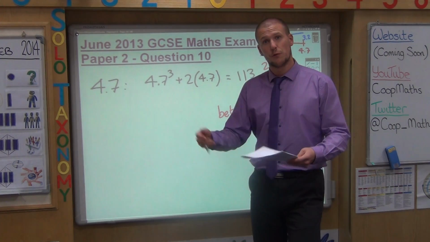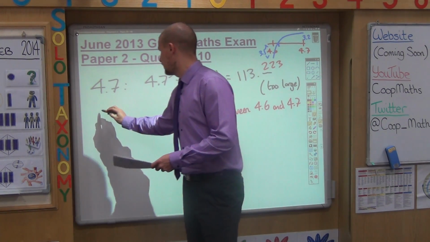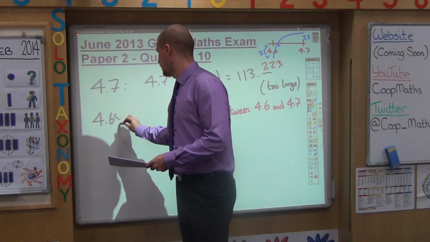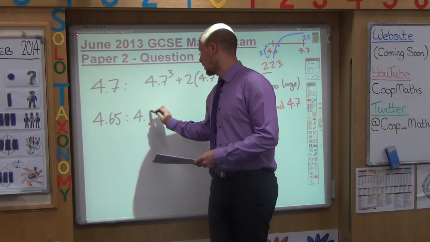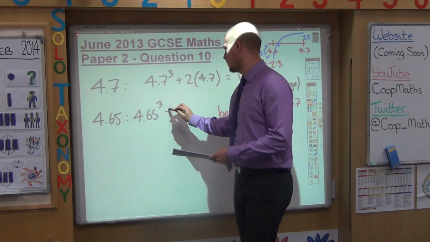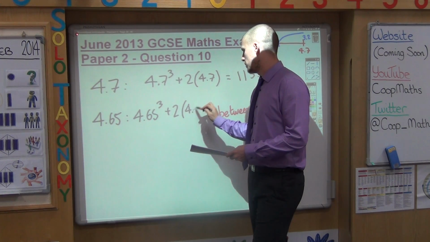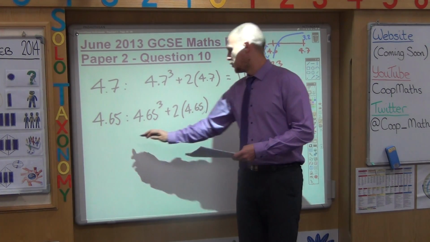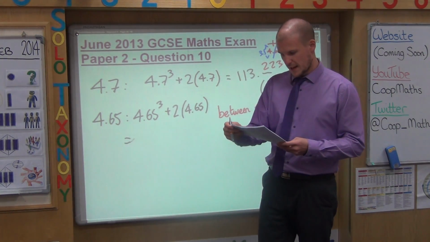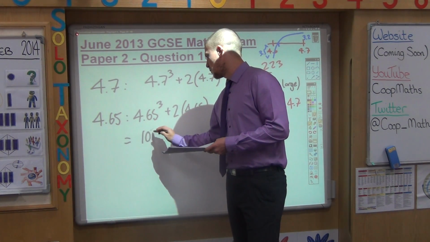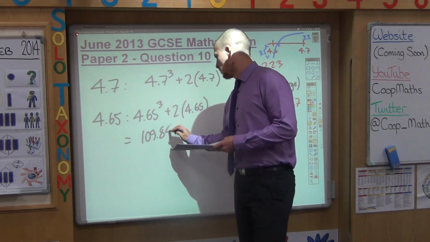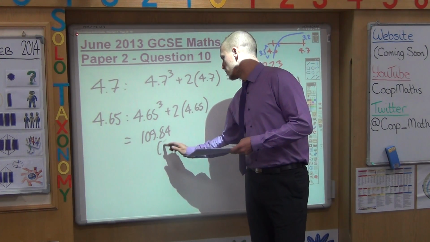So we try 4.65. Again, showing all your workings here. So all this stuff I'm writing out, you have to do it. If you substitute that in, you end up with 109.84, which is too small.